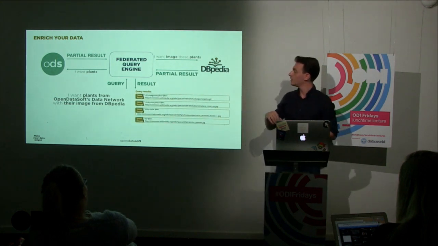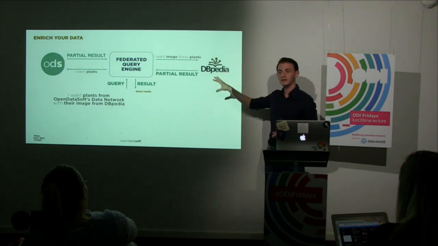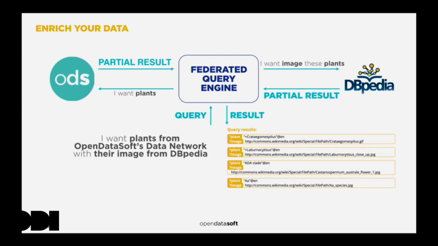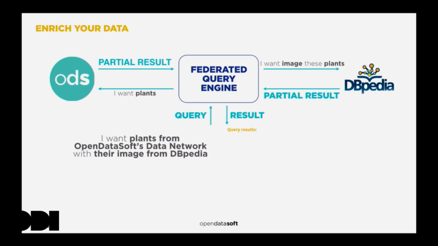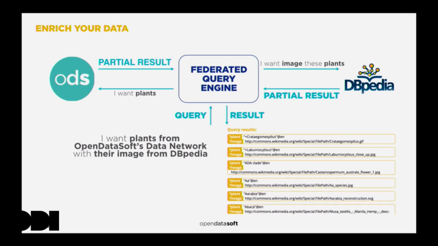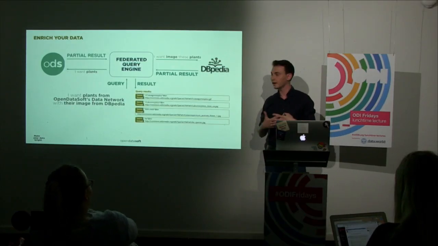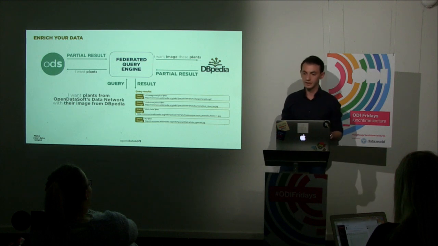Take these plants and send them to DBpedia, and then retrieve all the pictures of these plants. And it can extract the information and combine both results. Okay. So this is a federated query. And this is possible because linked data improves interoperability between data.